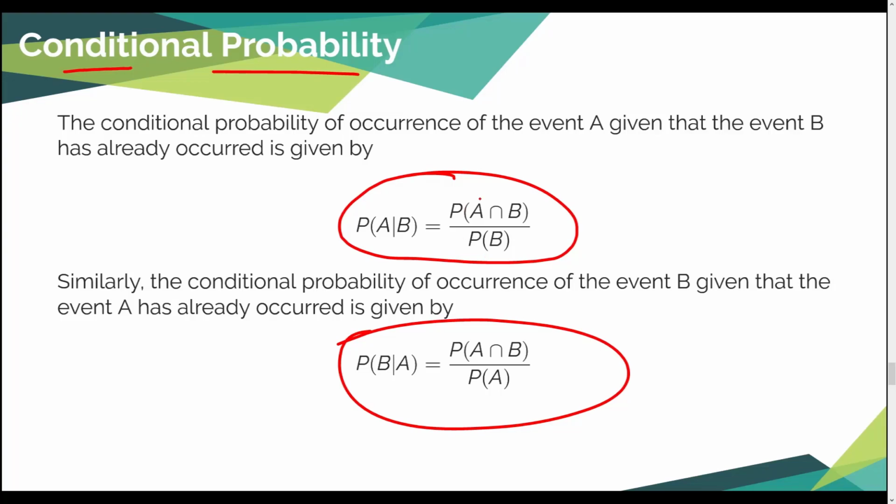So the structure is the same, the numerator will be the same, probability of A intersection B. The only thing that differs is the denominator. If you are finding the probability of A given B, B has already occurred, so probability of B is in the denominator. Here event A has already occurred, thereby probability of A, right?